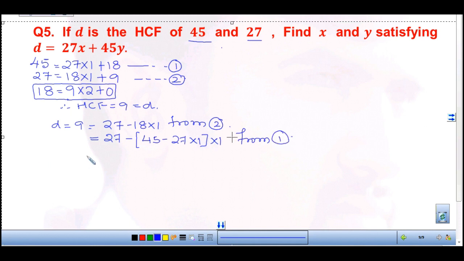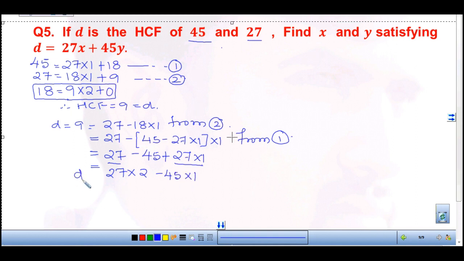Let us further simplify. Let's open the bracket. We get 27 minus 45 plus 27 into 1. Here we have 27, here we have 27 into 1. So on simplification, it becomes 27 2 times minus 45 1 time.